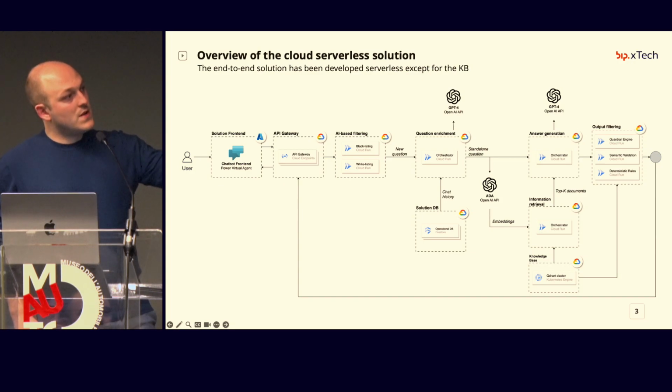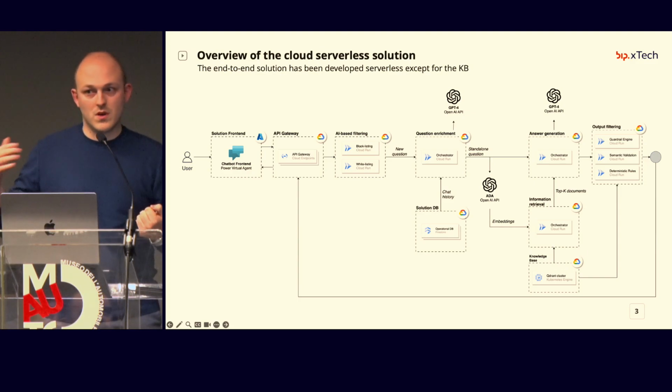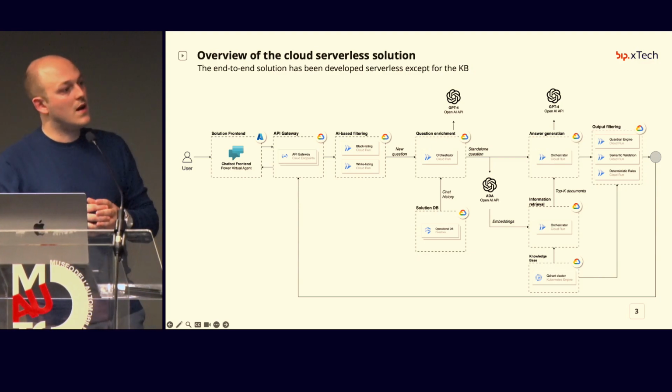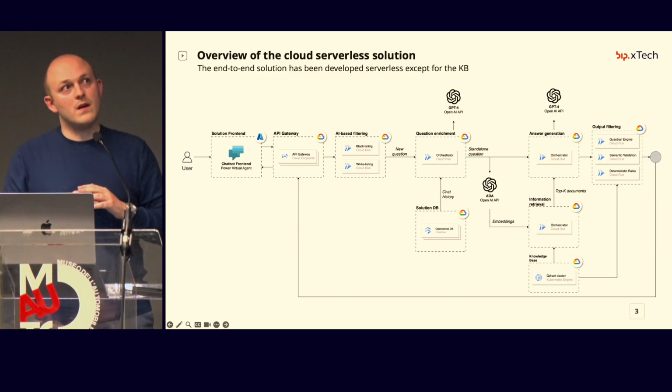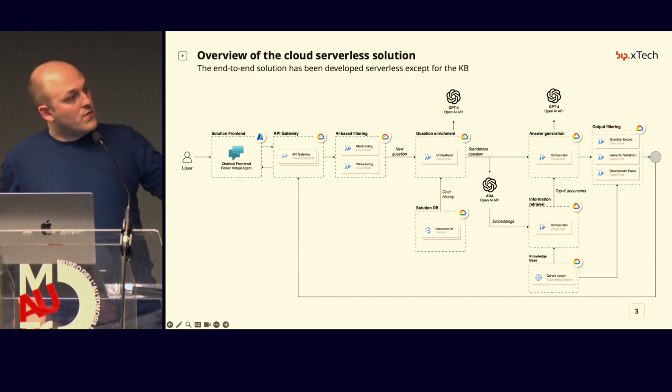So we send the standalone question, embedded using OpenAI ADA, and we retrieve from the knowledge base the top K, top 1, top 2, top 3, top 5 documents that are most similar to the question. So if we are talking about VPN, probably the top K documents are related to VPN.